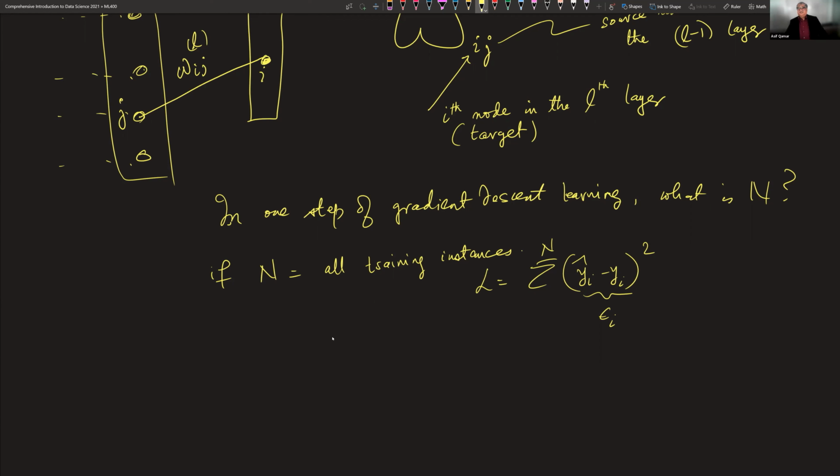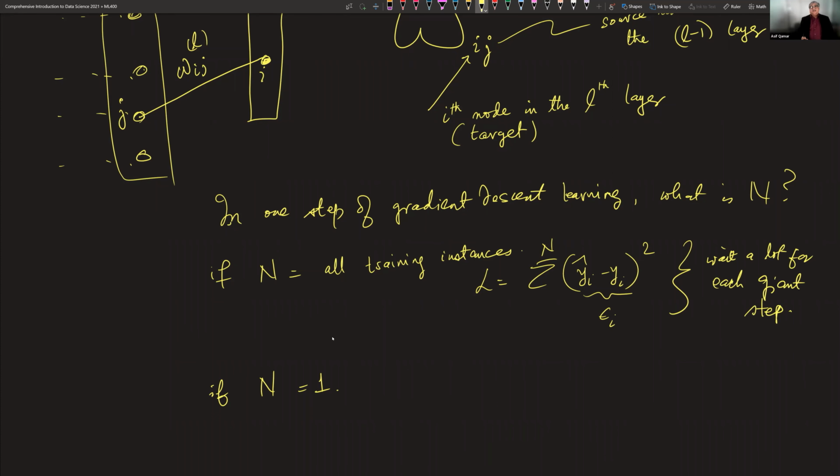I hope that looks obvious. The other thing you could do, on the other extreme, if n is equal to 1, so you wait a lot for each giant step to happen. Giant step compared to what?